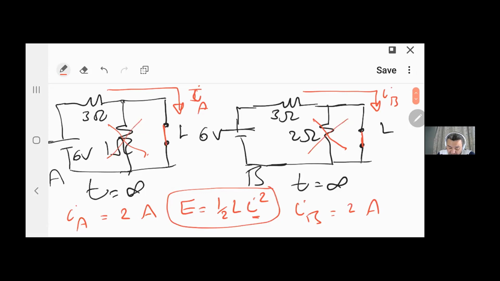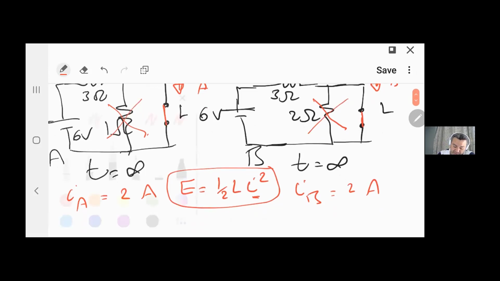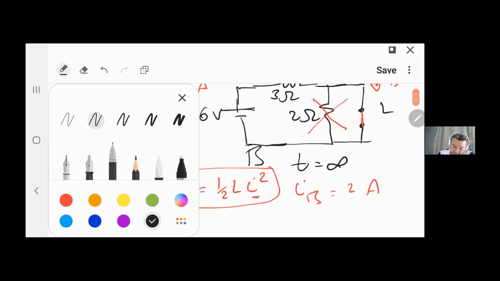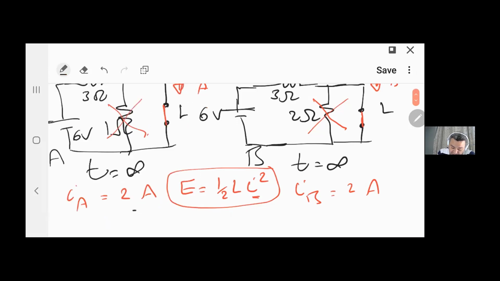They are identical inductors. They have the same L, which means the energy stored in the inductor is going to be the same for A and for B. So I have E_A equals E_B, right?